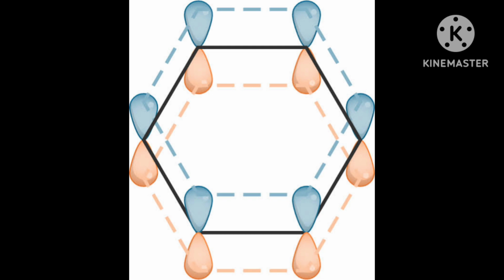Hence it is not necessary that they make a double bond, meaning a pi bond, only with 1 and 2. They can make 1 and 6 also. Correct?